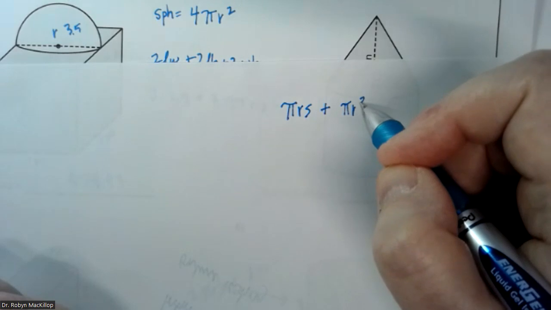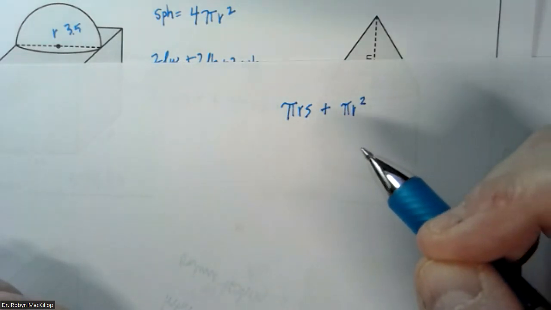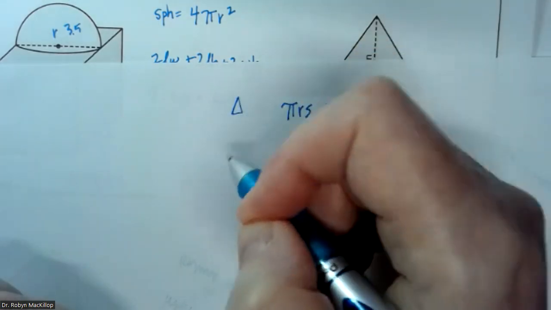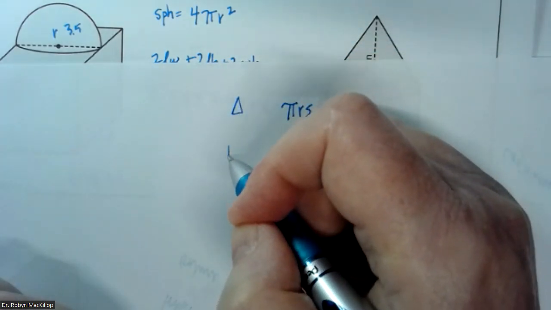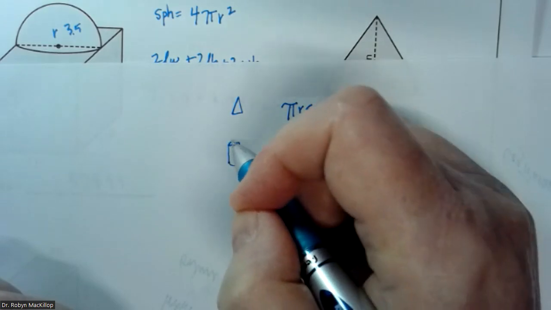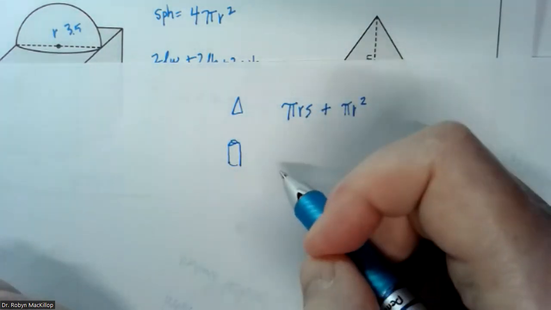And then the cylinder formula, that's a cone. Oh my God, I cannot draw.